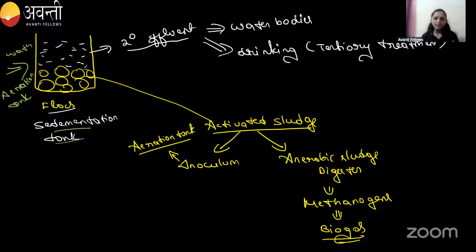Now what will happen? The flocks, right? All the flocks are going to sediment, settle down. When they settle down, the water is above, right? The water which is above, we are going to call the secondary effluent. Okay, secondary effluent. Now the secondary effluent water is sent to a river. Okay, it will be sent to the river.